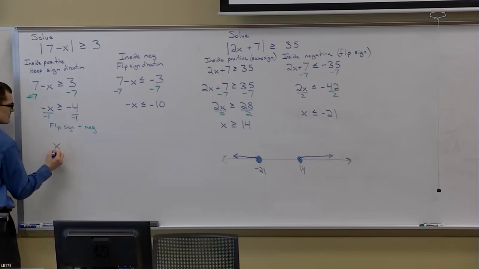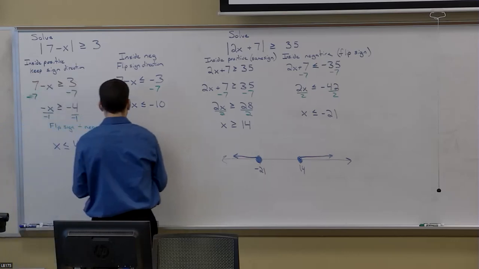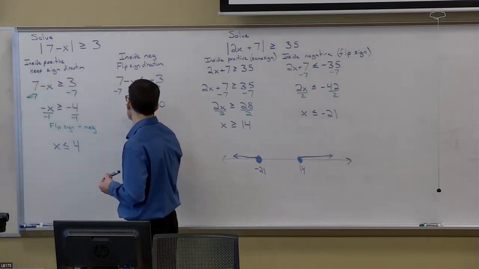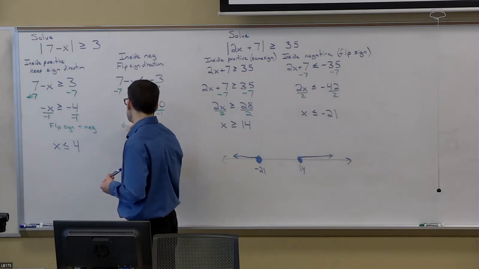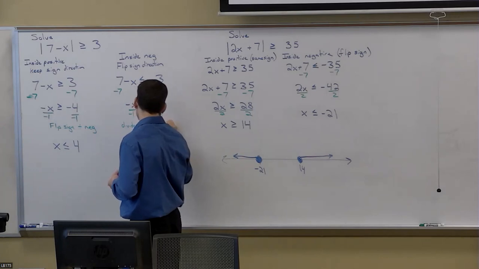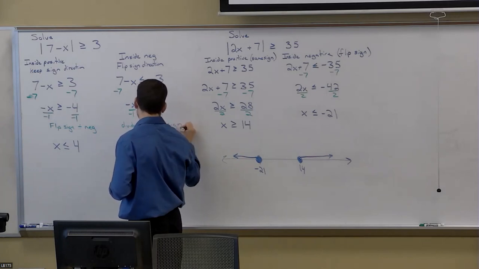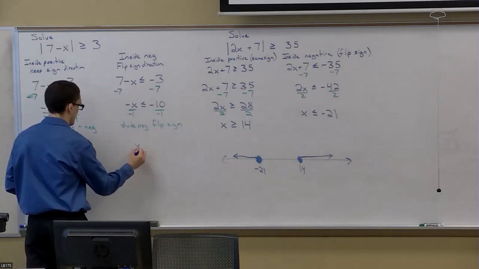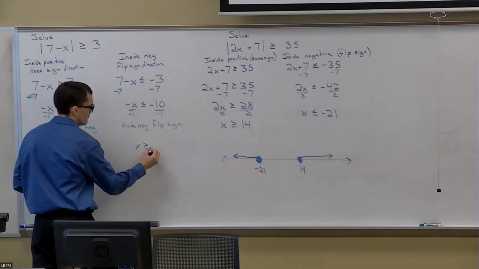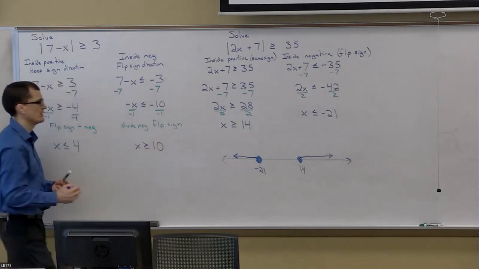So x is less than or equal to 4. And on the other one, since we divided by a negative, I ended up with x greater than or equal to 10.